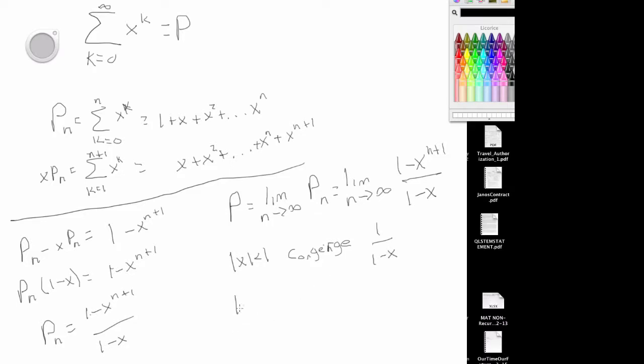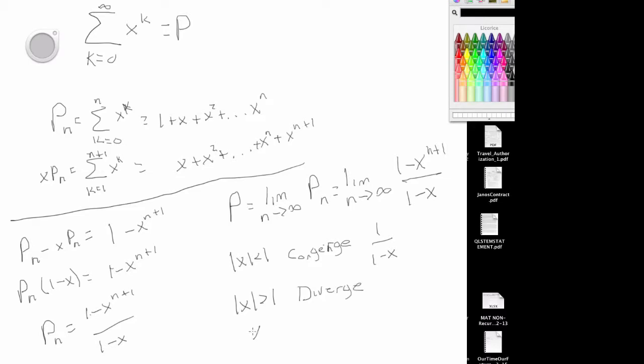If the absolute value of x is greater than 1, then the powers of x are going to get bigger and bigger, meaning this sum is going to get bigger and bigger. Because 1 minus x is going to be negative, while this gets more and more negative, I'm going to have negative over negative, which is positive, and regardless the series is going to diverge.